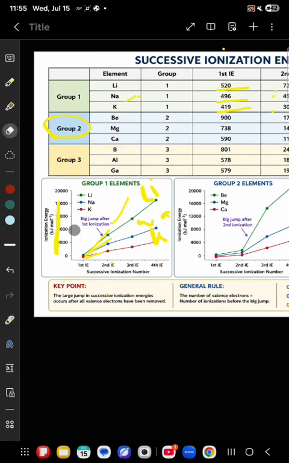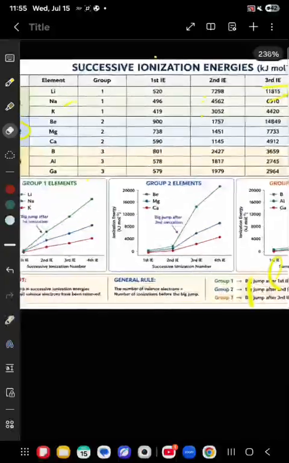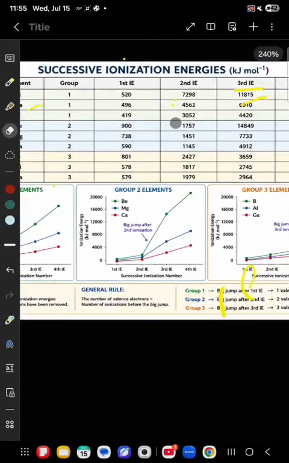Okay, for the next, we are going to discuss the group 2 elements. Same thing, you will look at the group 2 elements. There would be a big difference between the second ionization energy and the third ionization energy, a big jump for all three elements of group 2: beryllium, magnesium and calcium.